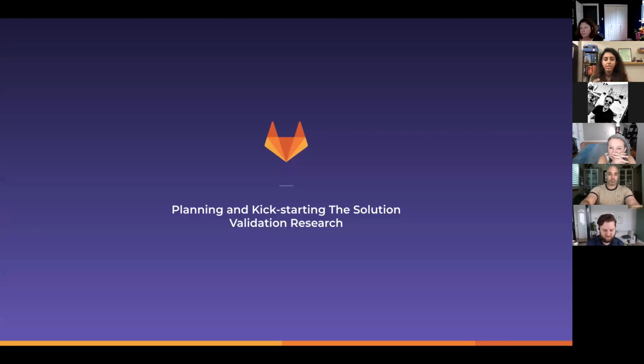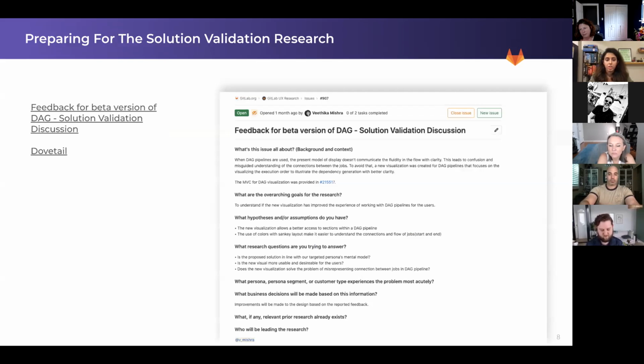Then, while this was being done in parallel, I was also working on the discussion guide with Laurie and Tao, and the planning was underway for what we should be putting in the public feedback issue. This is where the staging of the entire event happened. All the questions that we should be asking the user, and what would be the good way of approaching them, because it's a public issue, things would be very scattered.